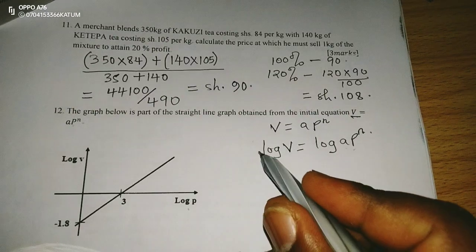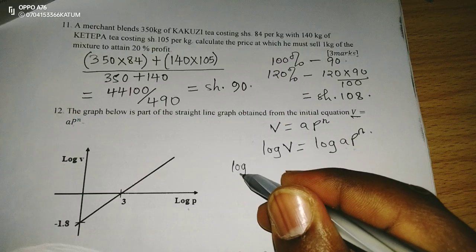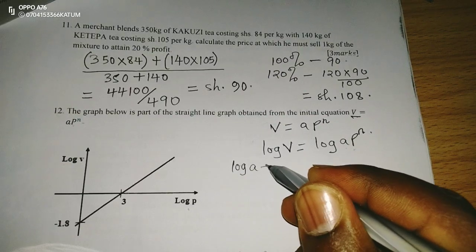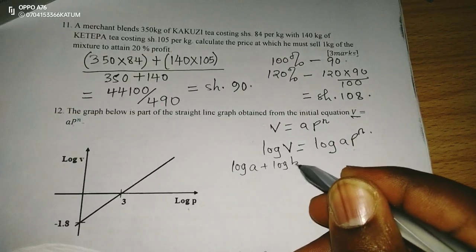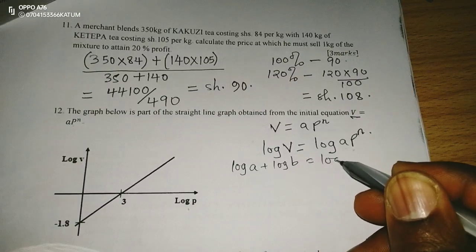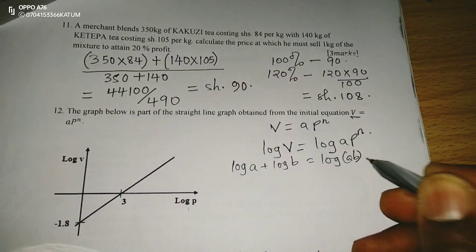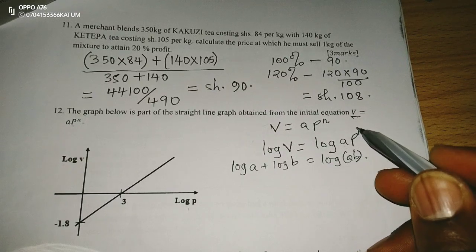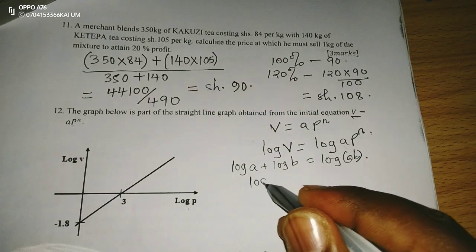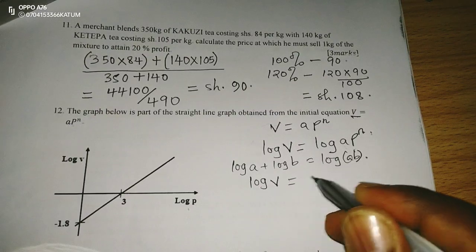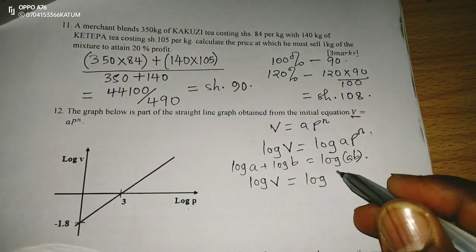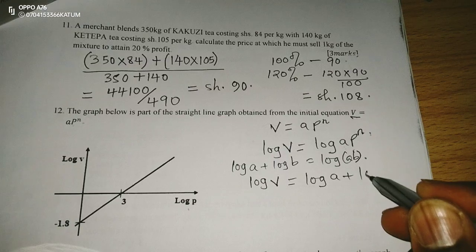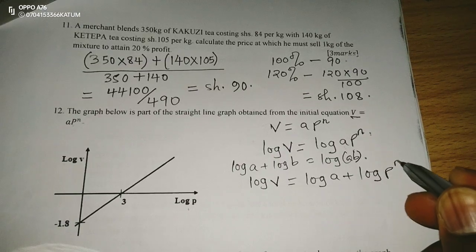We can apply the law which says that the logarithm of a plus the log of b is equivalent to the log of a multiplied by b. So at this point we can split a and p power n by having the log of v equals the log of a plus the log of p power n.